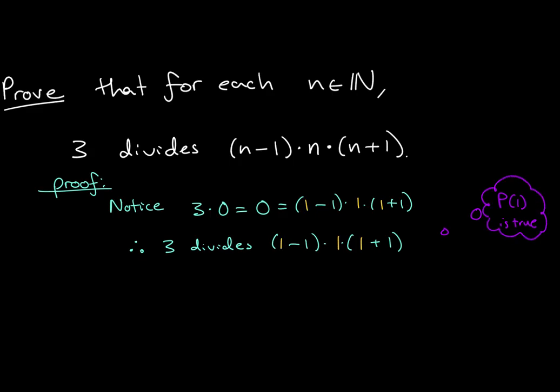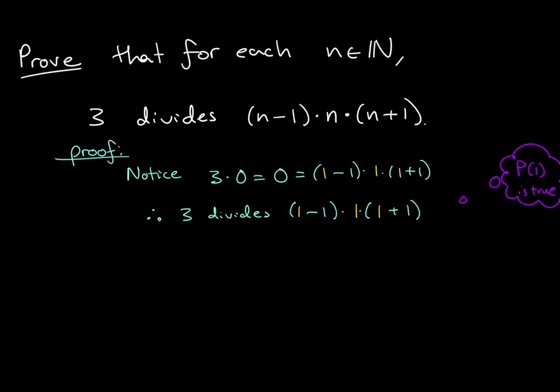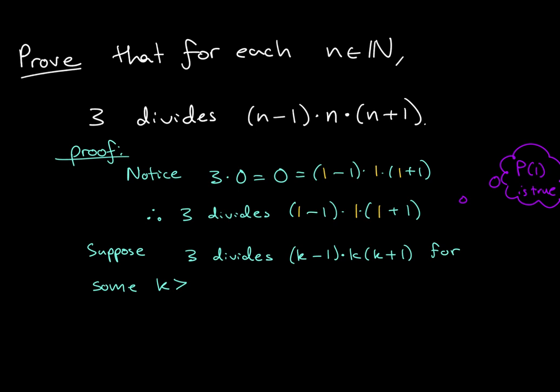I don't need to write that in my proof, but the next step is I'm going to suppose that 3 divides k minus 1 times k plus 1 for some k bigger than or equal to 1.